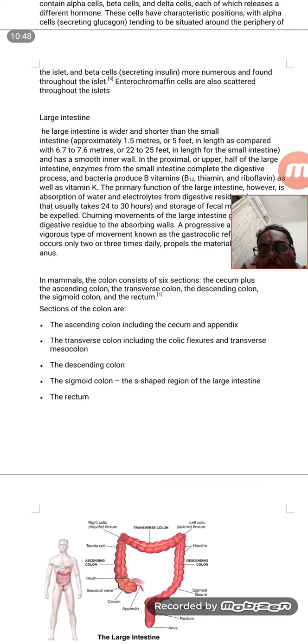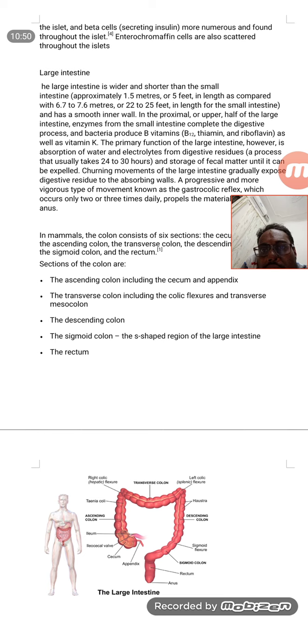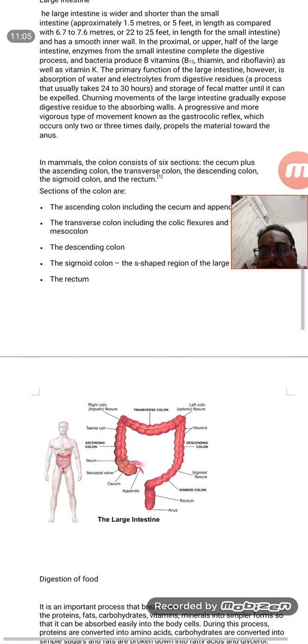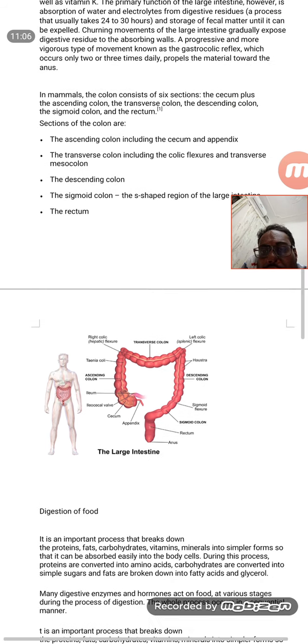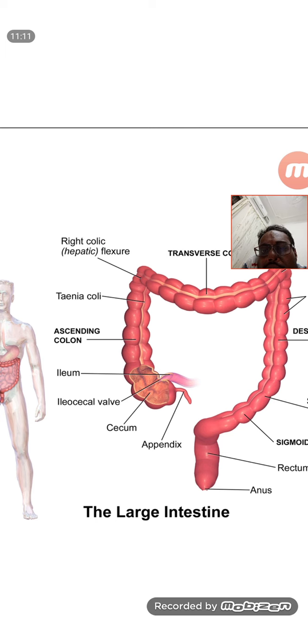And this large intestine is divided into mainly parts: the ascending colon, transverse colon, descending colon, sigmoid colon, and the last one is the rectum. And if you see here, the small intestine will end near the cecum, that is, the ileum will end near the cecum.